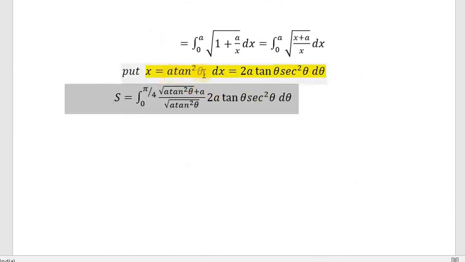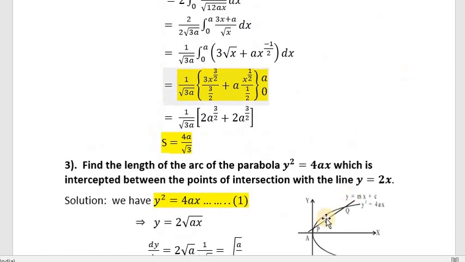x is equal to a tan square theta. When x is equal to 0, a tan square theta, when you substitute in this one, that is equal to 0. Tan theta is equal to 0 means that theta is 0. Then x is equal to a, because in the diagram it is very clear that x varies from 0 to a.